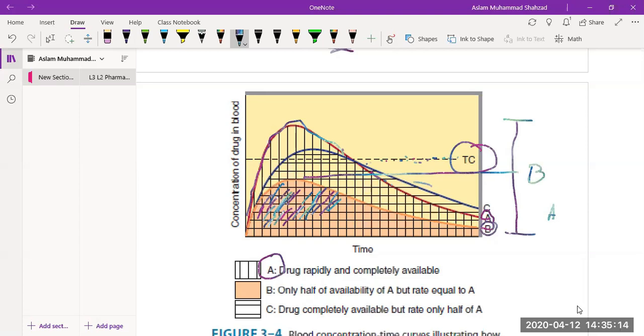So the availability of drug in the B graph will be half of A.